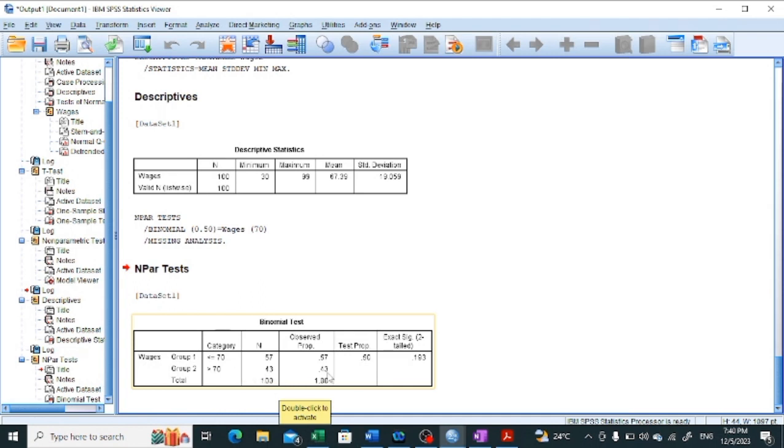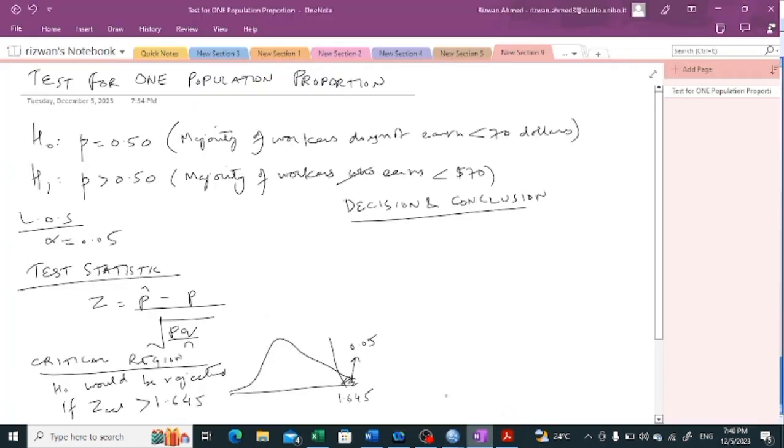So 0.43 is P cap and 0.57 is Q cap. So 0.43 is the proportion of individuals who are earning greater than 70, because this is a failure. We are interested in the number of individuals who are earning less than 70, so less than 70 is 0.57.